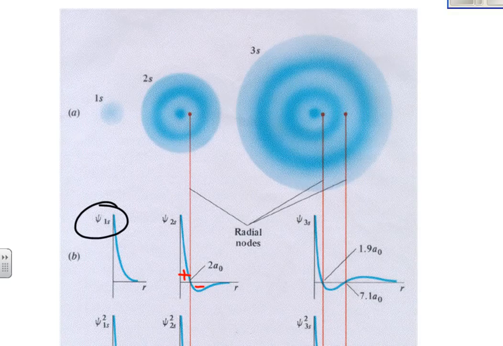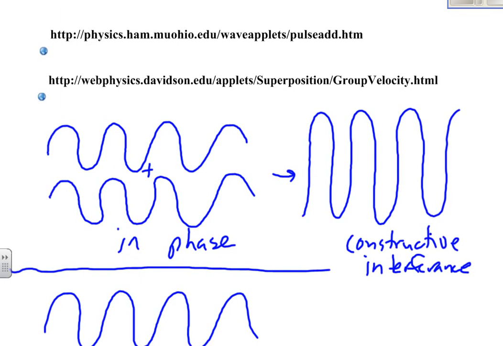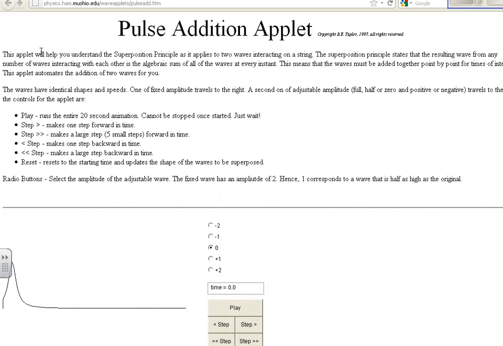So what we're going to have to do is go back and take another look at waves for just a moment. All right, so what's going to make most sense is if we take a look at just a single wave. All right, so I'm going to add a couple of waves together here.